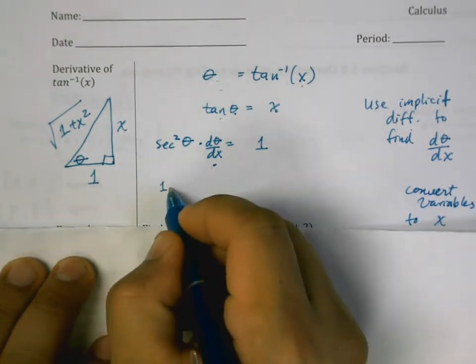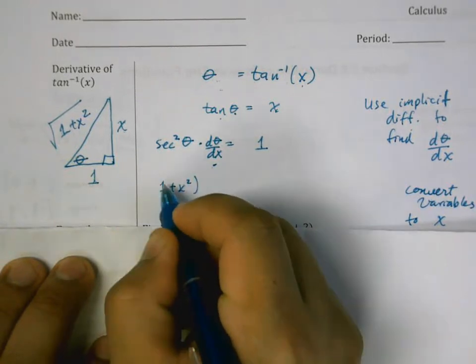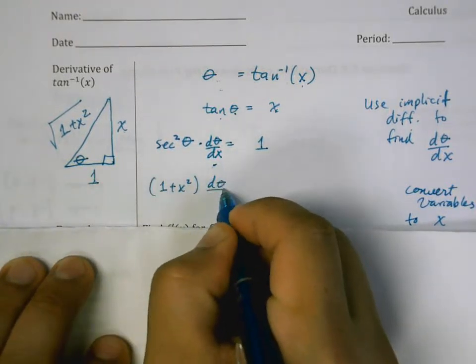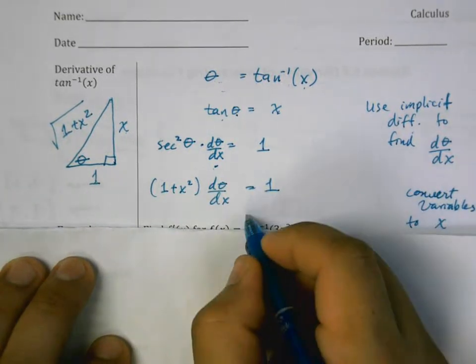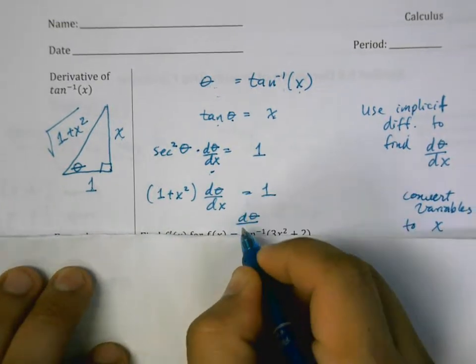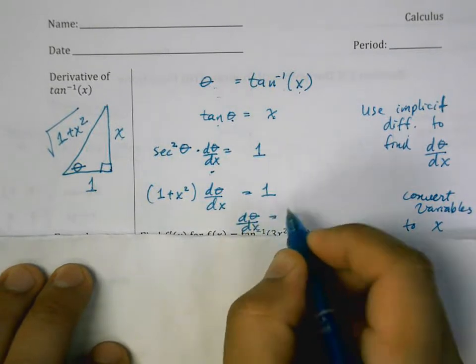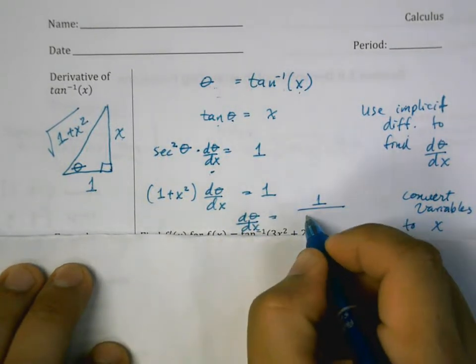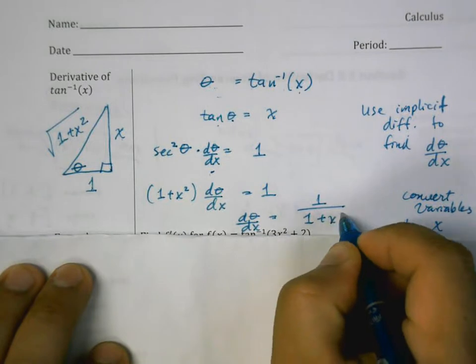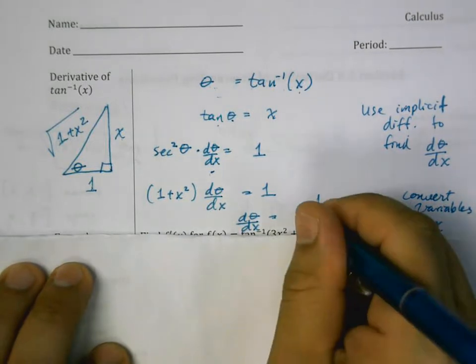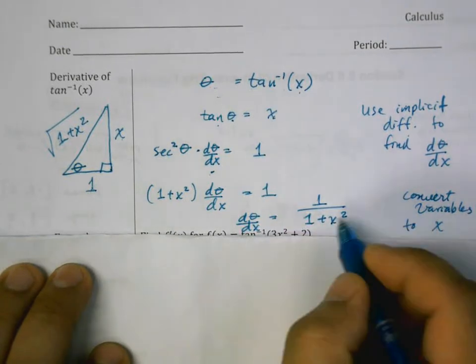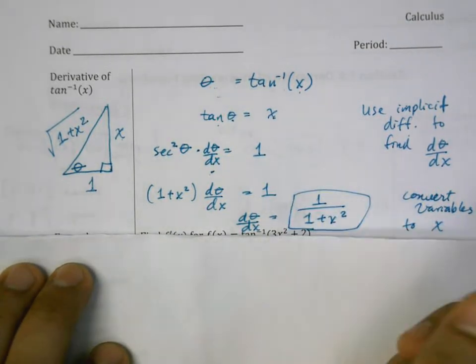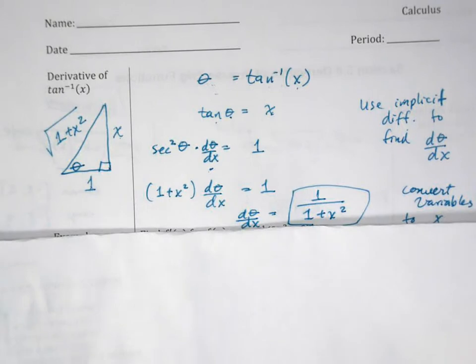So this is just 1 plus x squared times d theta dx equals 1. One more step, doing some basic algebra, d theta dx is then equal to 1 over 1 plus x squared. And there you have it. The derivative of the tangent inverse is actually this expression right there.